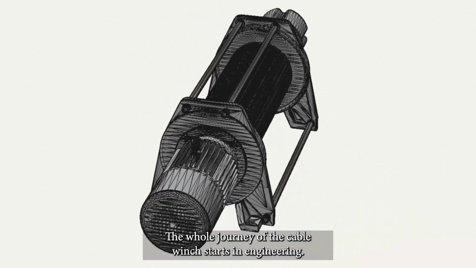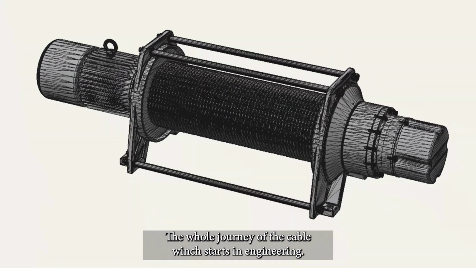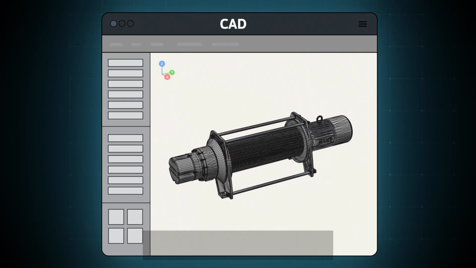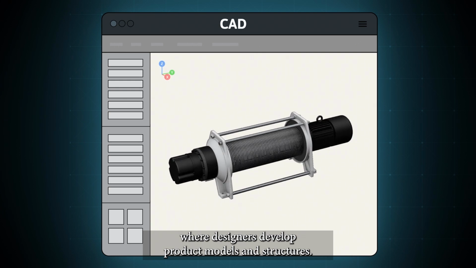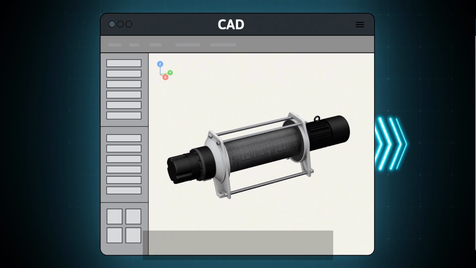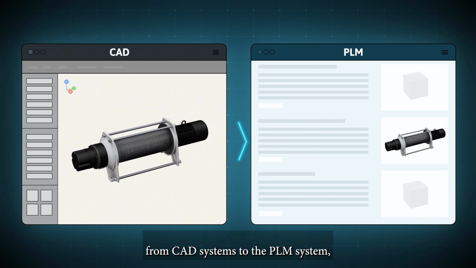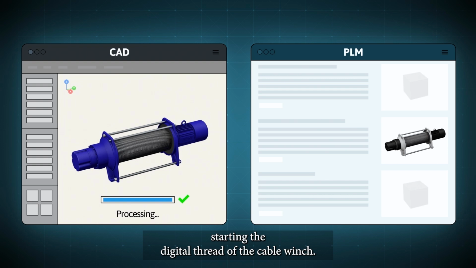The whole journey of the cable winch starts in engineering. Product concepts are digitized in CAD tools, where designers develop product models and structures. The AtoN for CAD software ensures a seamless data flow from CAD systems to the PLM system, starting the digital thread of the cable winch.